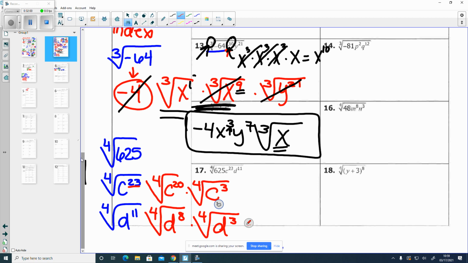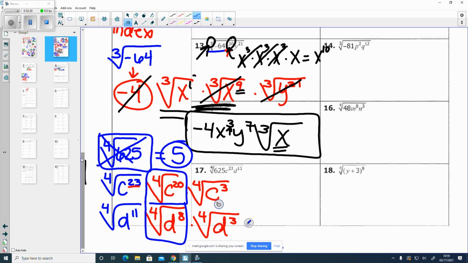Okay, now I can simplify. So these ones, this one, and this one, I can simplify. Is the fourth root of 625 one of the perfects? Yes, what number? 5. So this is perfect. If you did this in the calculator, you'll find out that it's just 5.